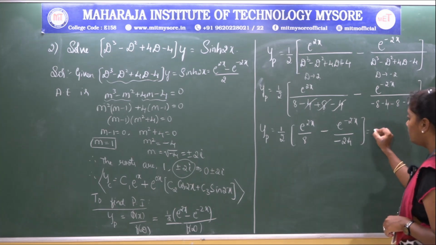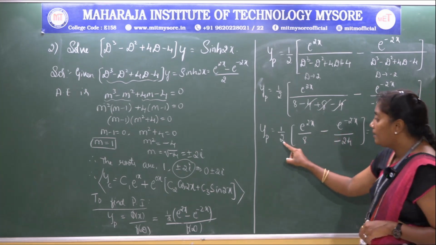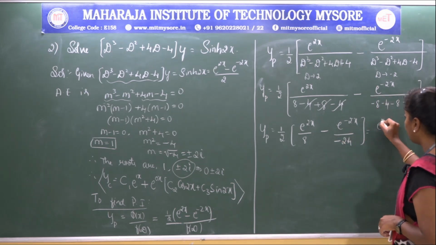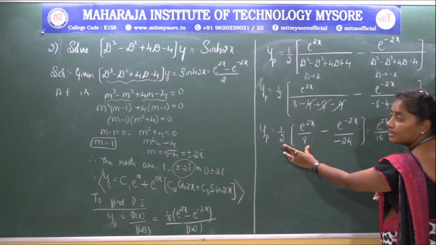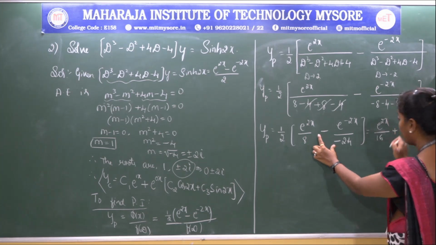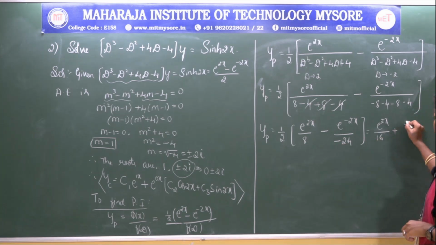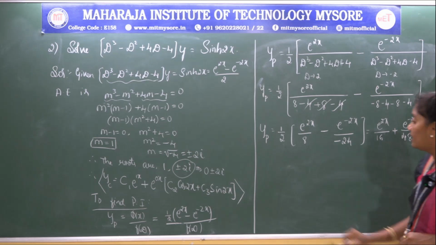And now again simplifying this, minus of minus is plus, and multiply this 2 here, we get e power of 2x divided by 2 into 8, 16, minus of minus, that is plus, 2 into 24, e power of minus 2x divided by 2 into 24, 48. So this is the value of the particular integral.